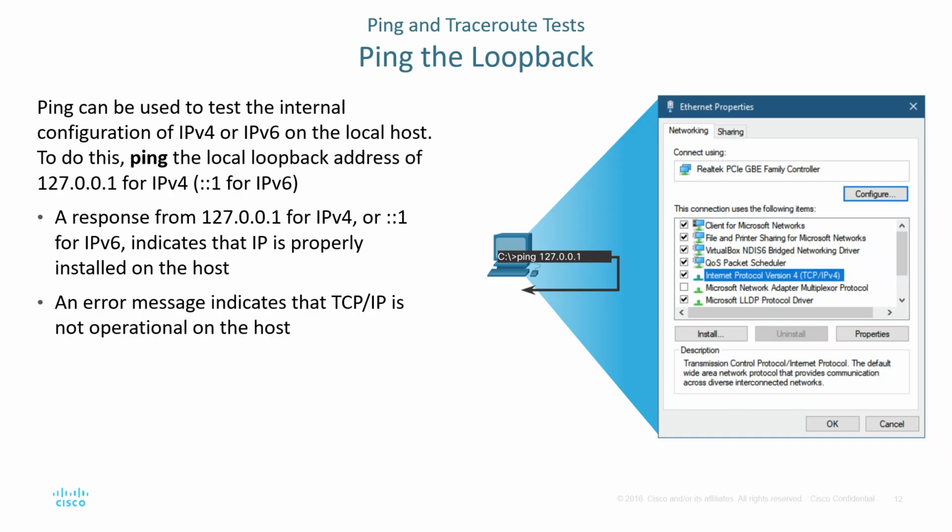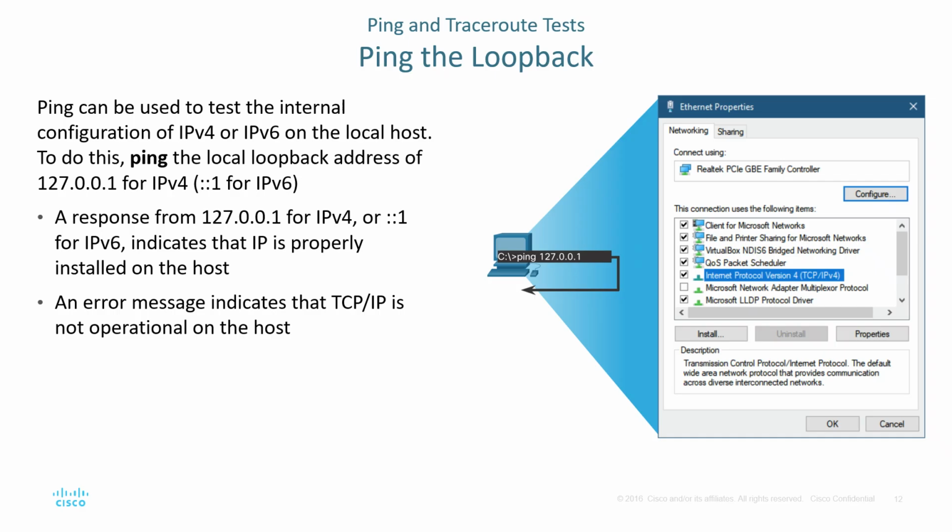Now, as we go through our testing, and we talked about our testing before, first thing you want to do is make sure you are not the problem. So I do this by pinging my own TCP/IP stack. So if I go in and I use either under IPv4 or IPv6 on the local host, if I ping 127.0.0.1 for IPv4 or ::1 for IPv6, and I get a response, then that means IP is properly functioning on my machine.